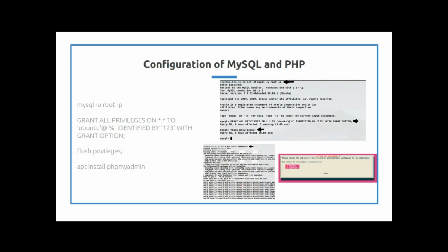So to configure MySQL, you type in this command, mysql -u root -p, and after you do that, it's going to bring up the MySQL command line that's just for MySQL, and then we're going to put in this grant all privileges command in there, and then we're going to flush the privileges after that, and that's how you configure MySQL.